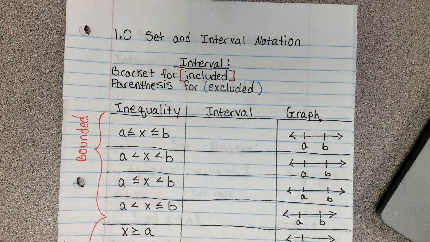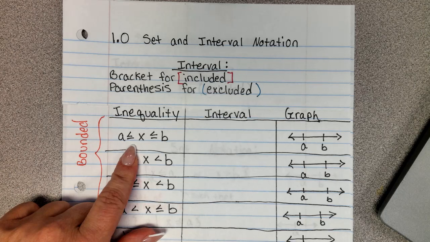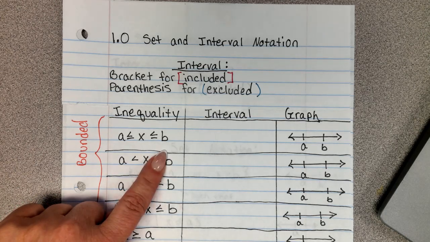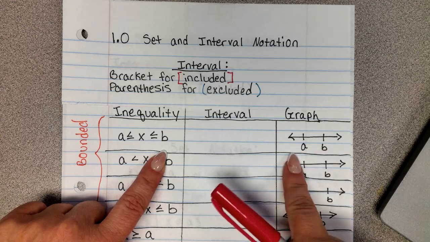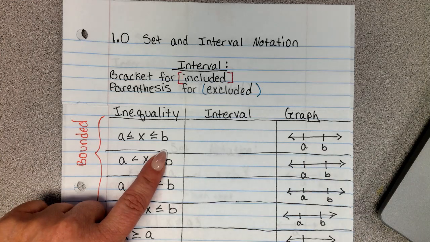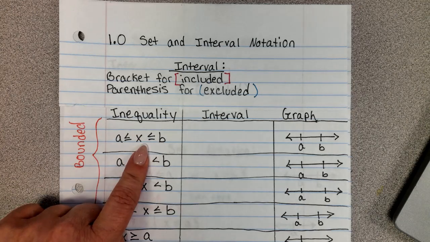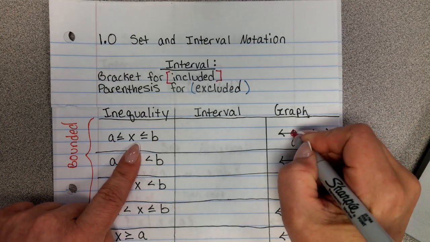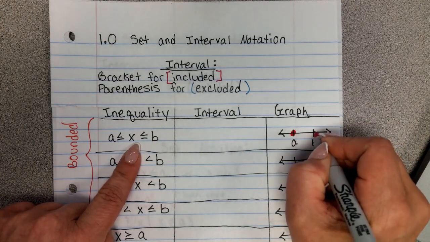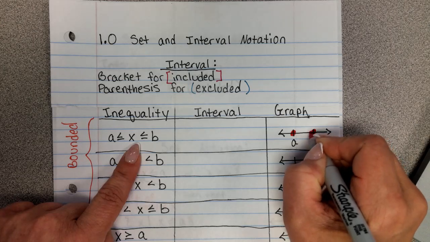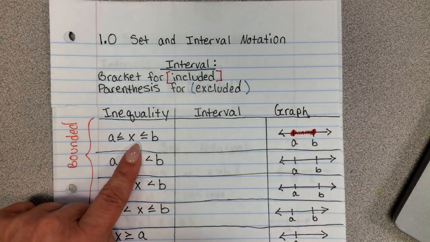Let's say I have the inequality A is less than or equal to X is less than or equal to B, and A and B are just real numbers on the number line. In this case, I would put a closed circle on A and a closed circle on B, and shade everything in between.